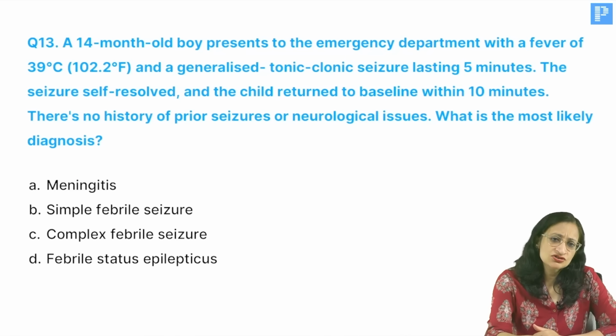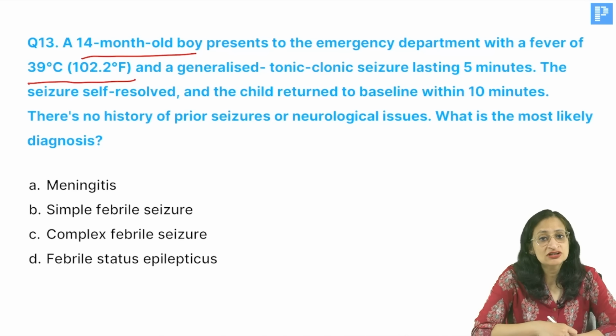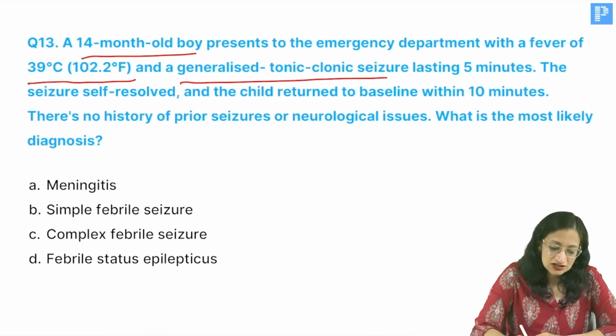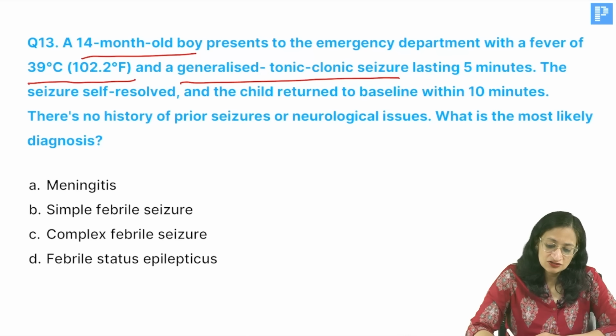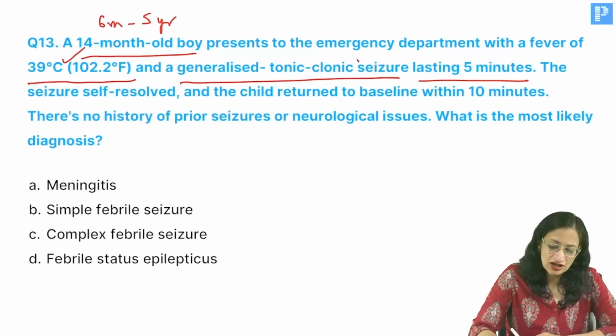Moving to the next question, you have a 14-month-old boy who presented to the emergency department with a fever of 39 degrees Celsius, so significant fever, 102.2 Fahrenheit, and GTCS, generalized tonic-clonic seizure lasting 5 minutes. So a child between 6 months to 5 years of age, significant fever and seizure.